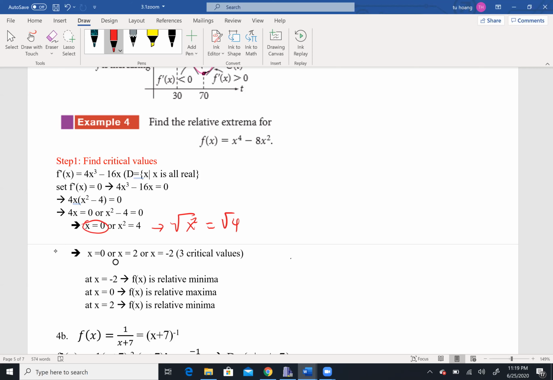Okay, since I have 3 critical values, I'm going to come to step 2.